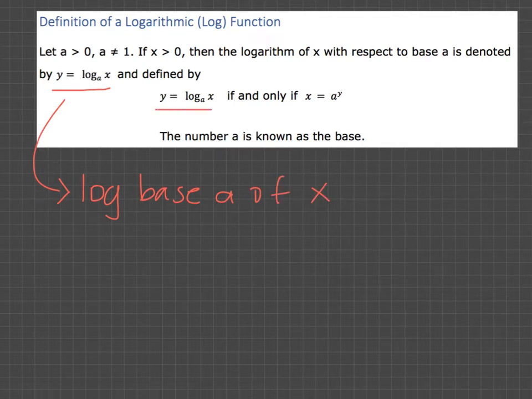We say that y is equal to log base a of x if and only if x equals a to the y. So you can see how we can get this y out of the exponent and have it be equal to this log base a of x.